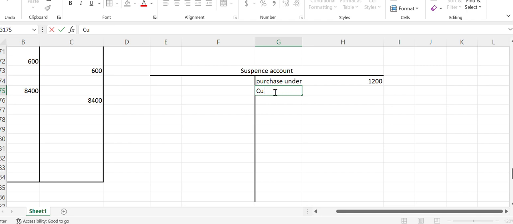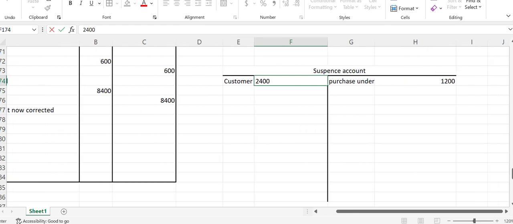Sorry, it's supposed to be debit because the amounts were posted on the credit side. So we are supposed to say customer account, you are going to add the two. 1200 plus 1200 is 2400. So we've recorded that in the suspense account because it was only affecting the customer account. The sales account had already been recorded.